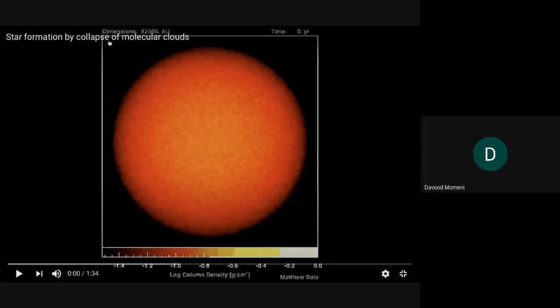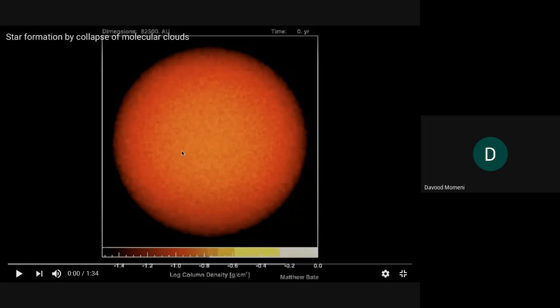This is something that happens at a dimension of 80,000 astronomical units. So it's a very large distance, and we have this colorful shell. Different colors give you different densities. Okay, this is the idea.